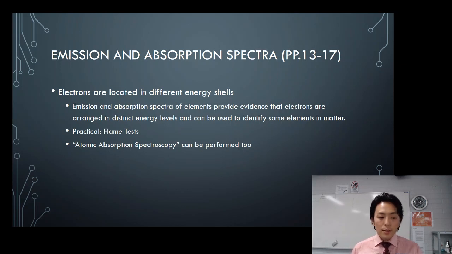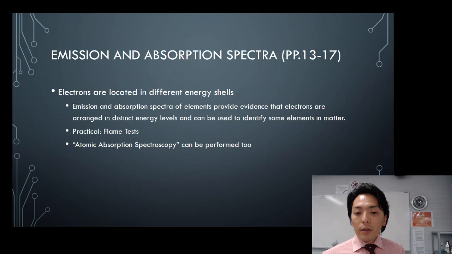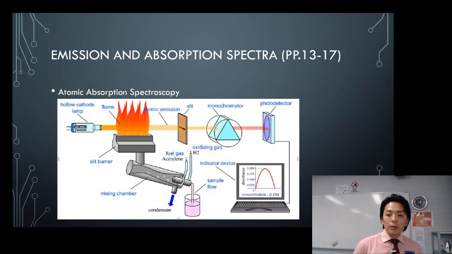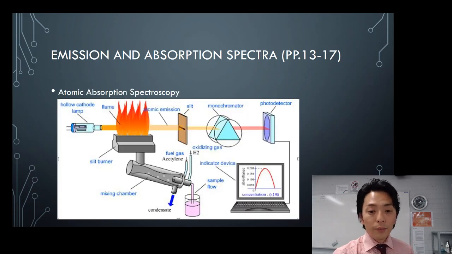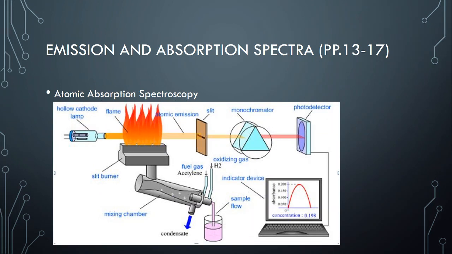short AAS. Now, here is a diagram that explains how atomic absorption spectroscopy works. So what you would see is a light source that's producing some sort of light. I'm seeing orange, so let's say that it uses sodium in here. So this lamp is producing orange sodium color light.